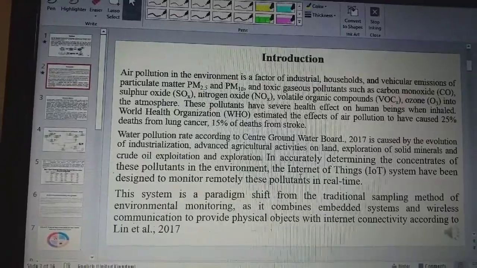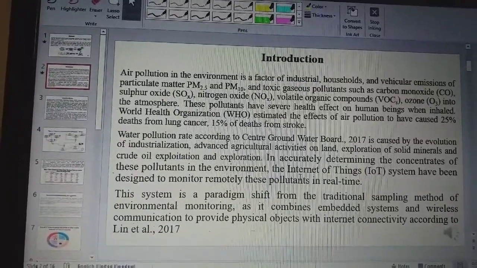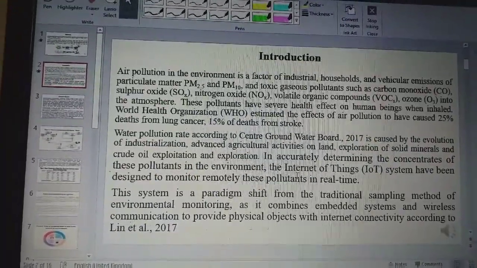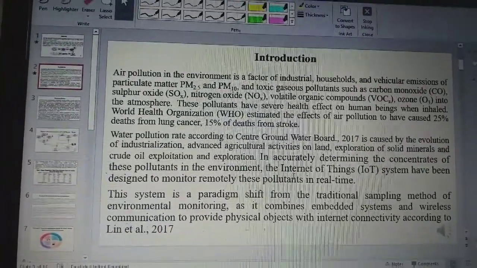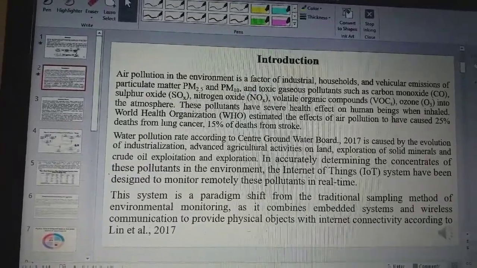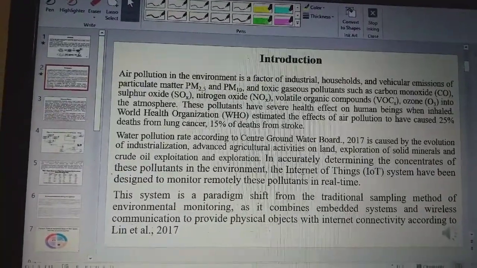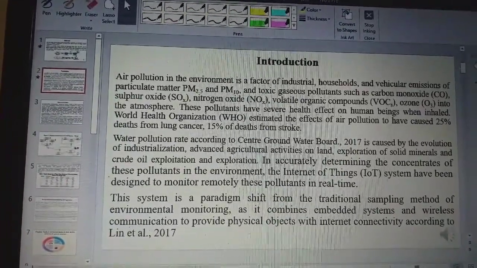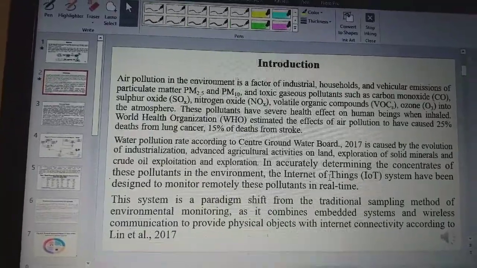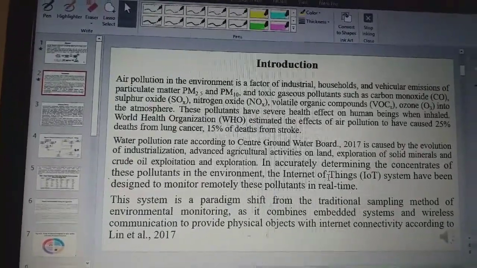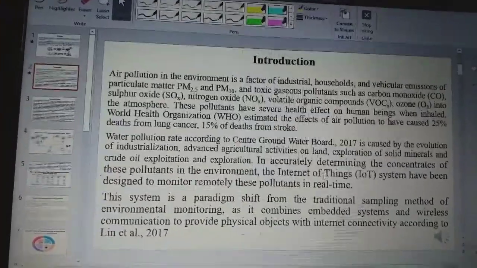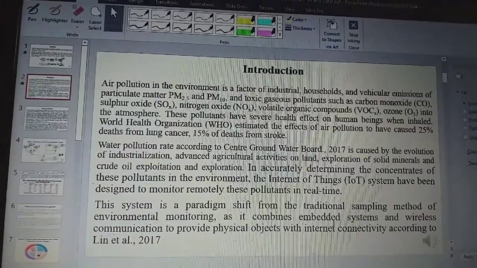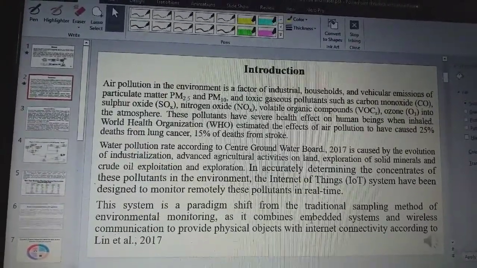You have water too, which when some of these effluent waste, agricultural waste and all of those is discharged into the aquifers of groundwater and directly to surface water, when drunk by humans, can actually cause dysentery, pneumonia, all of those things, which is very, very deadly. So this Internet of Things system is designed to monitor remotely these pollutants in real time in order to save the environment from the devastating effect of these pollutants.